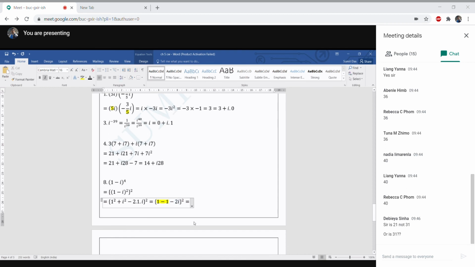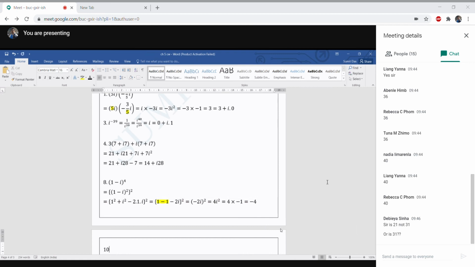So ultimately you will have minus 2i square. So it will be equal to 4i square. So it will be 4 into minus 1. So the answer will be minus 4. Okay.